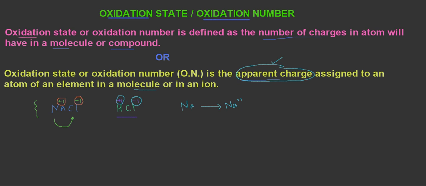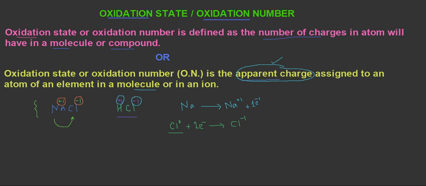Similarly, if we have a chlorine atom and it gains 1 electron, it would be converted into chloride ion. Sodium will lose 1 electron, which we have to mention over here like this.